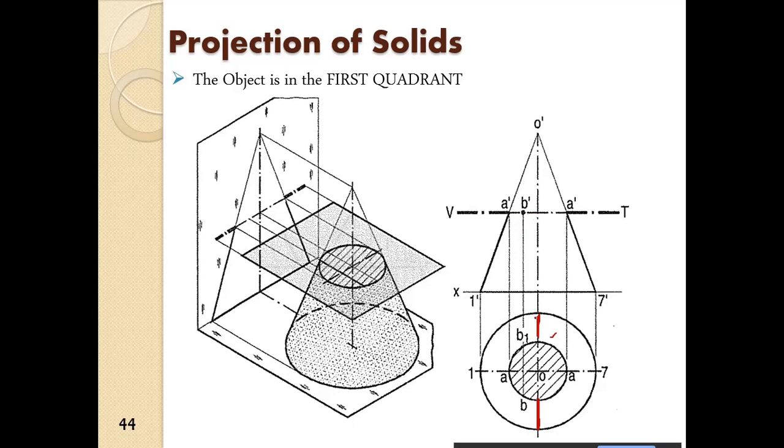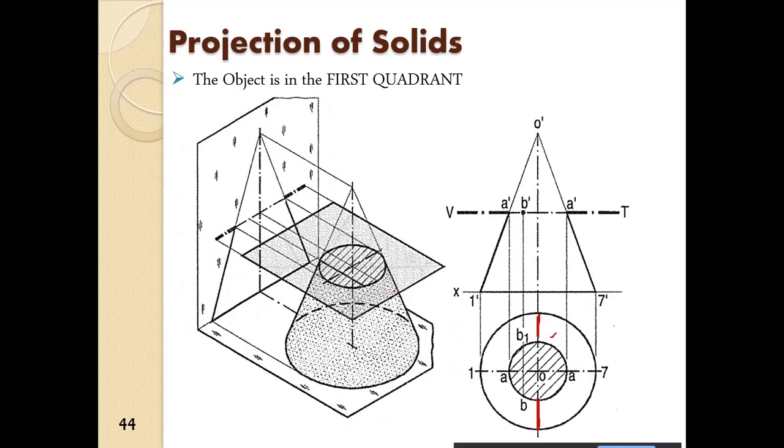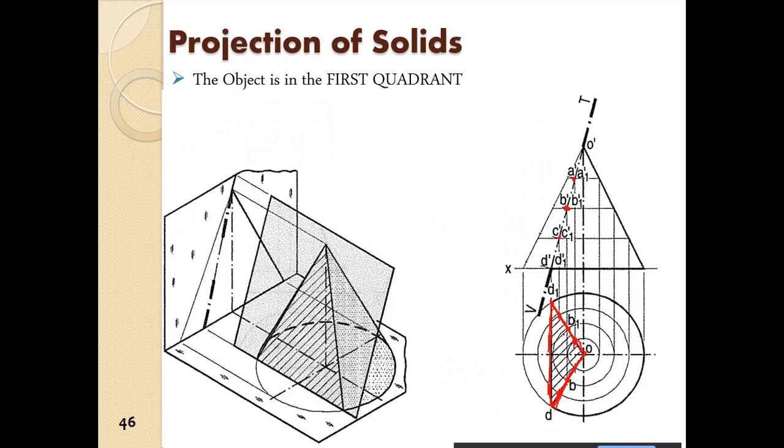All right, so what to do now if the plane is inclined? If the plane is inclined, we apply this concept. We draw perpendicular planes at various levels, and we get these points. So if I draw a circle perpendicular plane, I will get this point over here and this point over here.